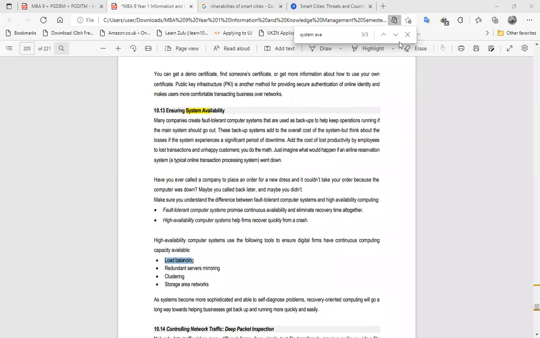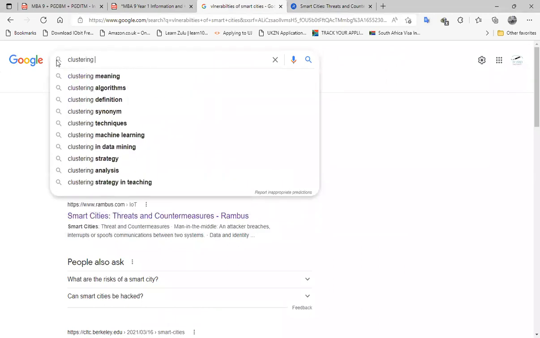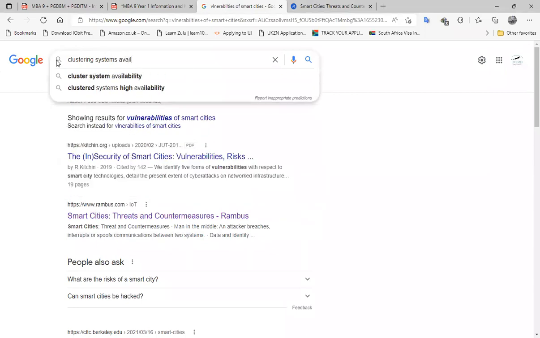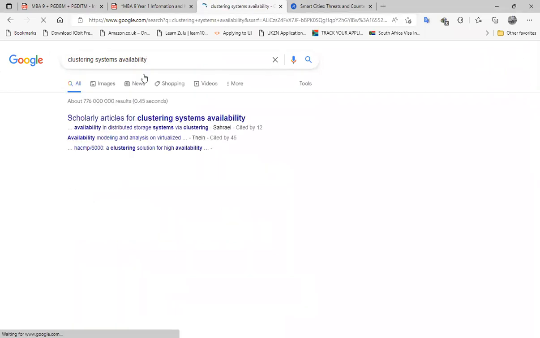It's more like a repeat of what I was showing in redundant server mirroring, where they might have instances that are together, so that in case of failure, the company might still have access to the information they might have. Let's see, clustering, systems availability.